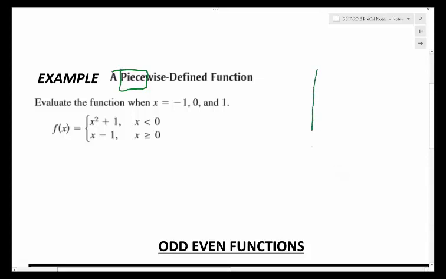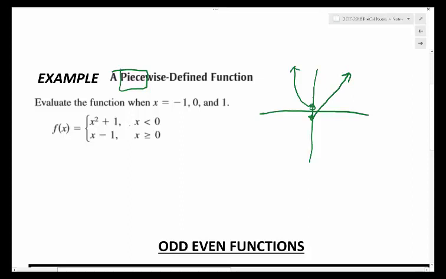So if I were to graph this, here's what this looks like. I go to positive 1 on the x-axis. Now, where x is less than but not equal to 0, it's going to go this way. So I have a hole in it, and it goes like so. And then where x is greater than or equal to 0, at x minus 1, so negative 1 on the x-axis, this time with the solid dot, it goes like so.